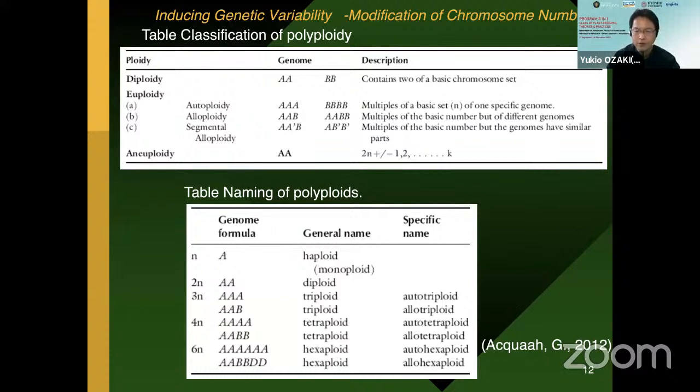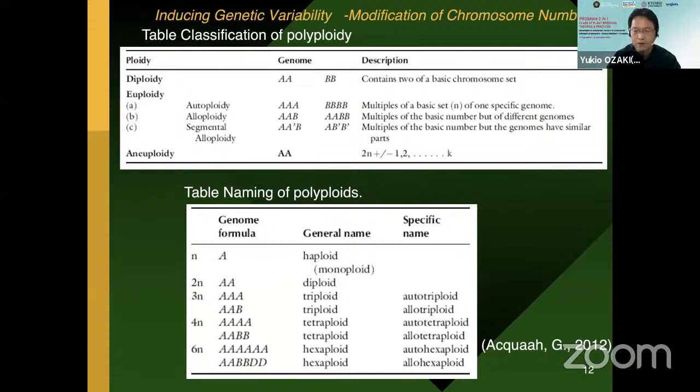When euploids comprise multiples of genomes, for example, duplicates of the genome from the same species, they are called autoploids, and the condition autoploidy or autopolyploidy.